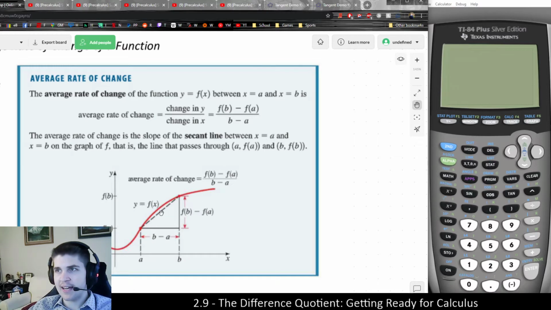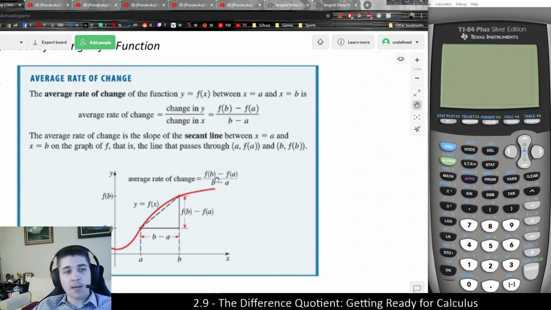Since it's a triangle, by the Pythagorean theorem we could figure out the distance of that line, though we don't really care about the distance, we care about the slope. We care about the steepness when we're trying to figure out the tangent problem. Since this is a line, a linear equation, we know that the slope should be equal to the rise over the run, aka the change in y, delta y over delta x.